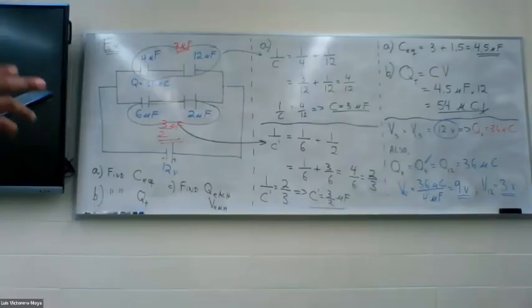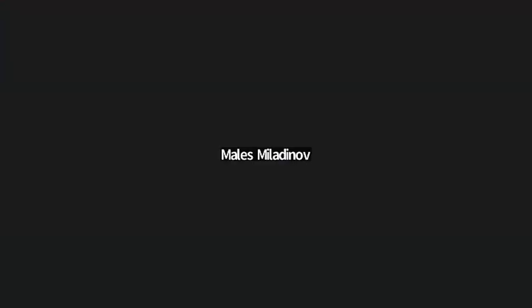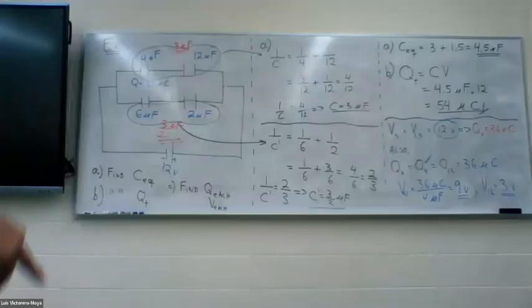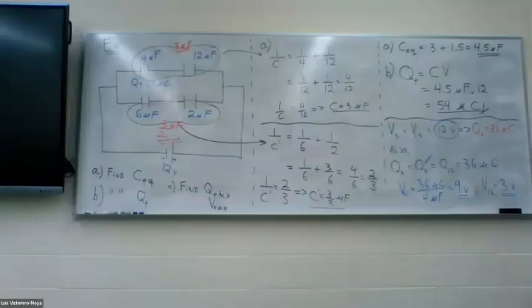Yes, the voltage is split because in series the charge is constant. Wait, Professor, so Q3 and V3 is a combination of the top one, right? Yeah, we're just doing the top. We're going to do the 6 and 2 now.